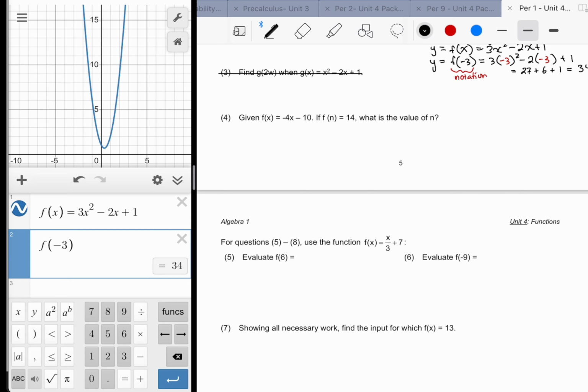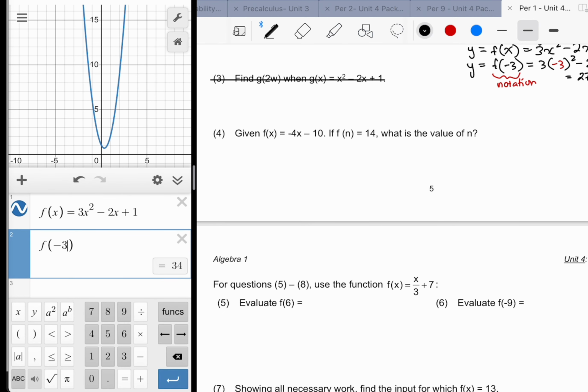All right. So this is going the other way. We have y is equal to f of x, which is equal to negative 4x minus 10. They're saying that f of n is equal to 14 somehow.